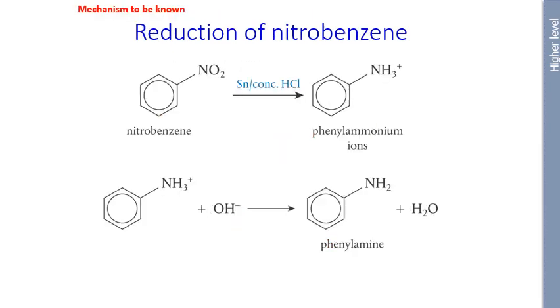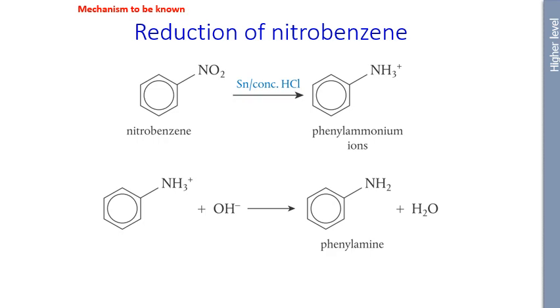In terms of the reduction of nitrobenzene, you don't use lithal, you use something else. This was actually part of my PhD. Nitrobenzene using tin and concentrated hydrochloric acid is the example that has been given in your textbook that you have to know the mechanism for.